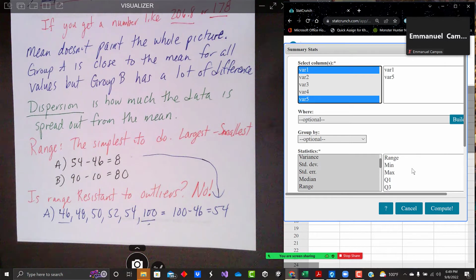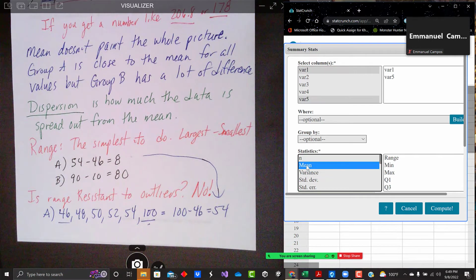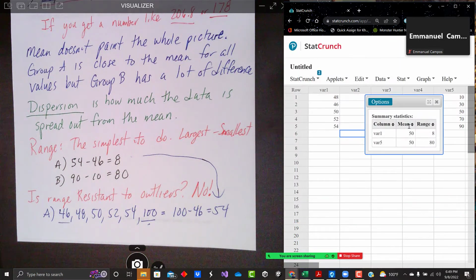Many of them are highlighted already, but I think doing that sometimes gives you information overload. We can do that control clicking here. I can do mean and range and do them on the same screen. Okay.